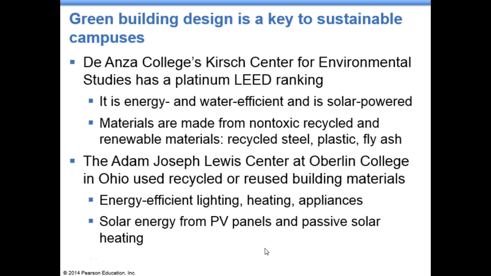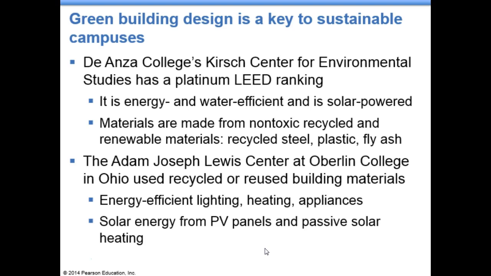The Adam Joseph Lewis Center at Oberlin College in Ohio also used recycled or reused building materials and has energy efficient lighting and heating and appliances. And they've added solar energy from PV panels, and we're going to talk about solar energy and how these panels work in a later chapter, which is referred to as passive solar heating.